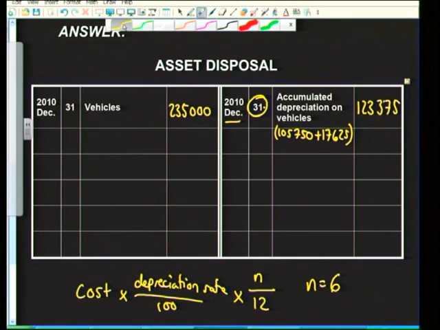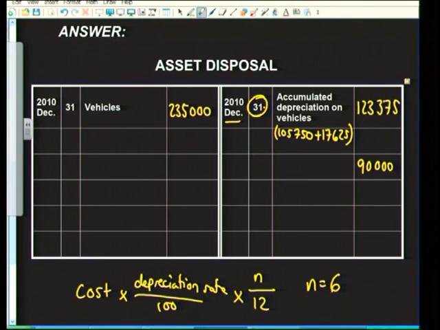Both of those pieces of information are going to be important here because the selling price we know is 90,000 Rand. You should remember that you will always record the selling price on the credit side of this account. I'm only leaving a line here because I had space for my calculation, but it should actually go on the next line of the ledger. The next important thing is to know what to write in the details column.